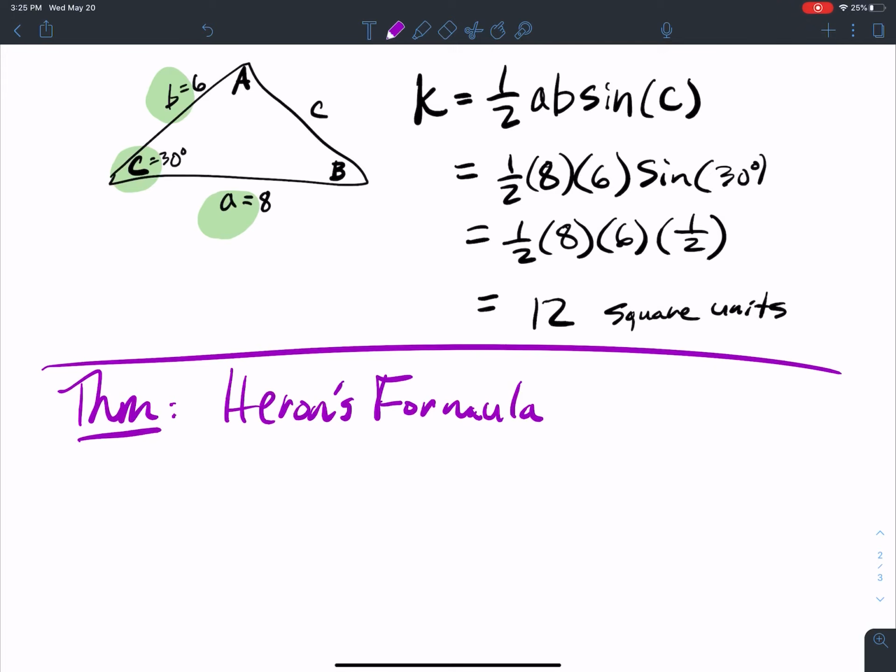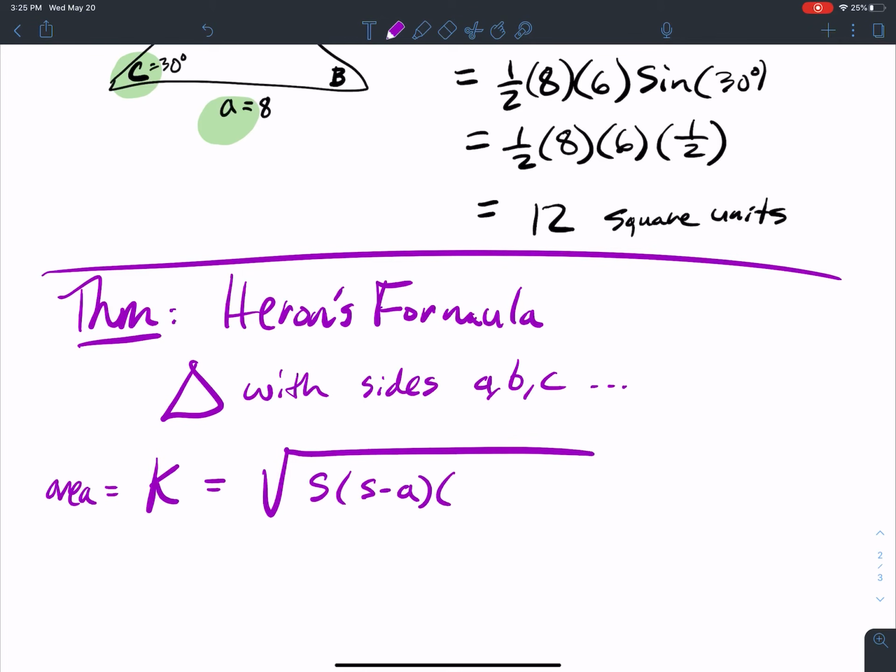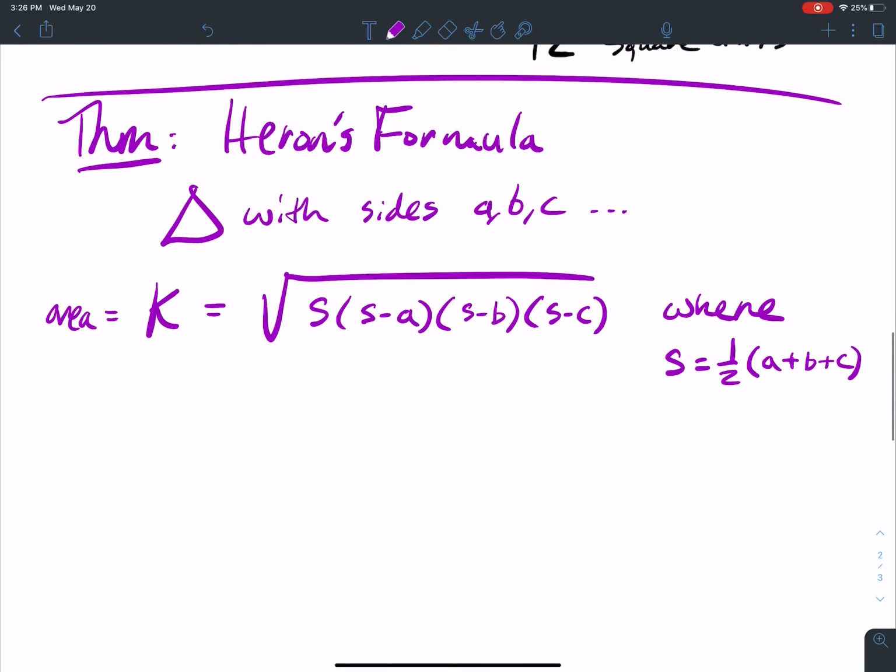So Heron's Formula: for a triangle with sides little a, little b, little c, the area is equal to the square root of s times s minus a times s minus b times s minus c, where s equals 1/2 of all the sides added together.